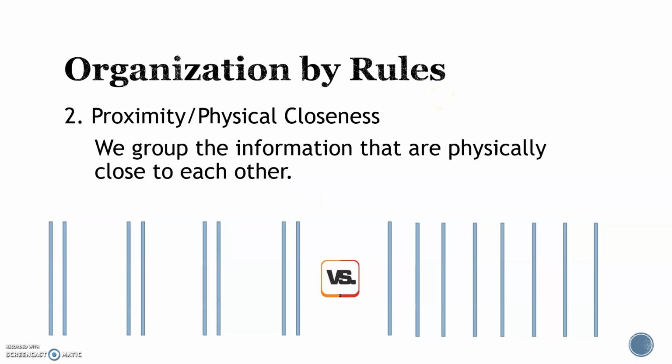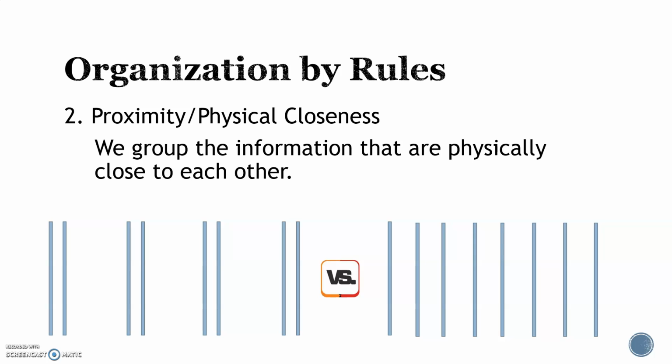Let me give you another example. Let's say I ask you to memorize as many countries as possible. One strategy to deal with this task is to group the countries together and then memorize them.